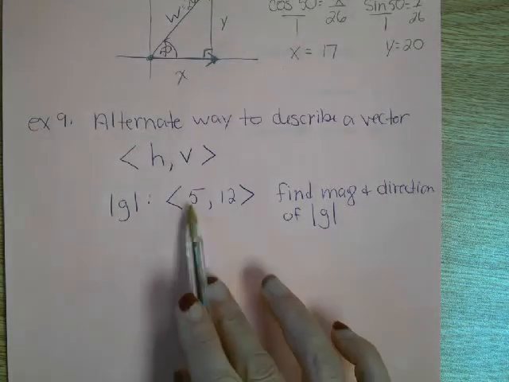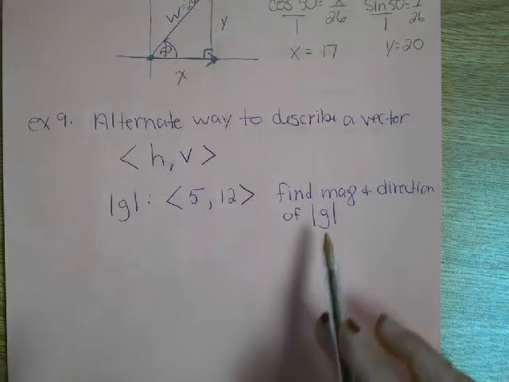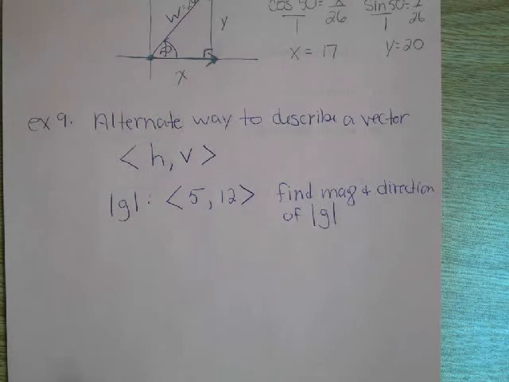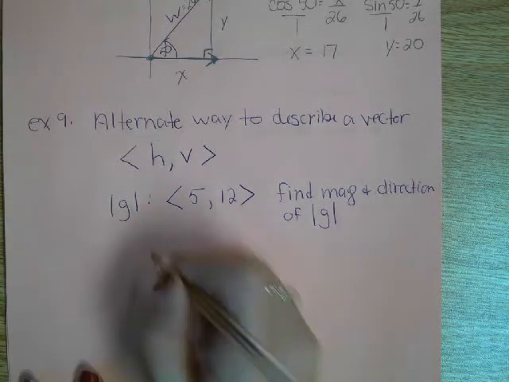So it's basically giving me the two sides of a right triangle, and I'm looking for the hypotenuse length, and then what direction that is. So, here we go.